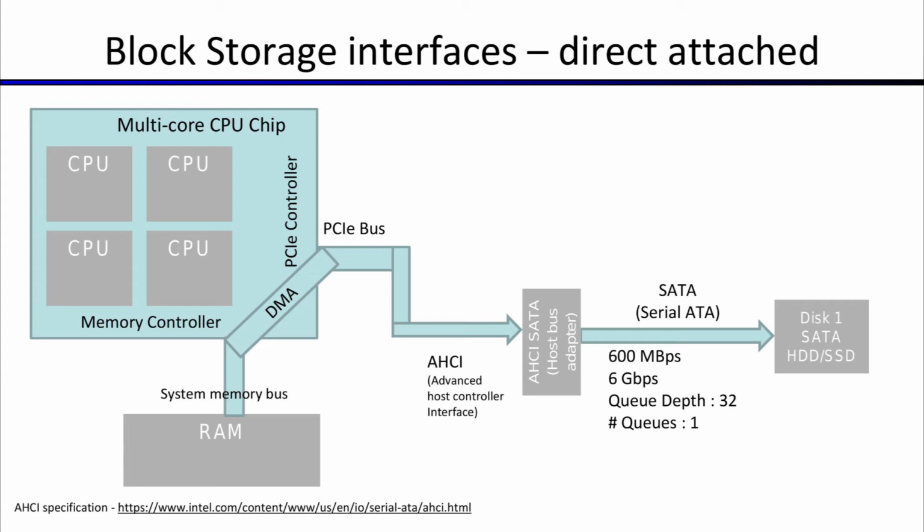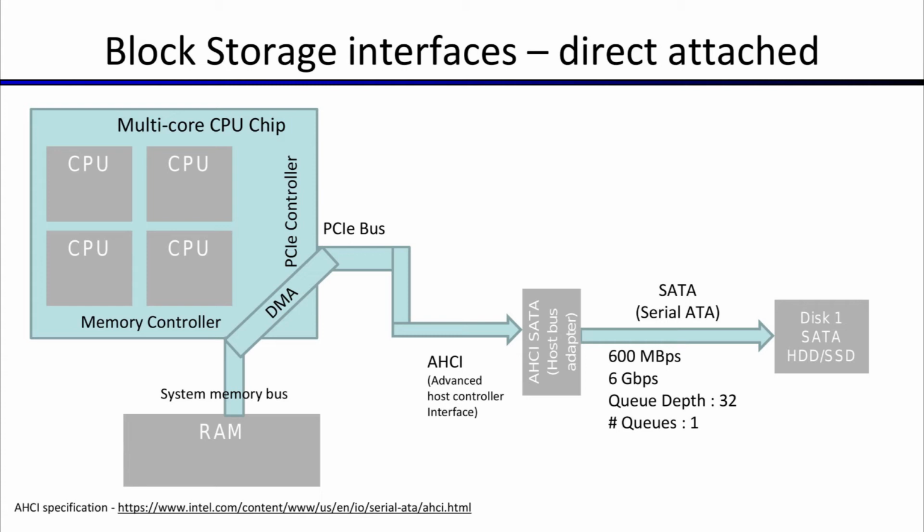Now for serial ATA, again, you need a bus adapter to sit on PCI, because SATA is not PCIe. These are two different protocols. And the adapter in between, for SATA cases, runs an AHCI protocol that then runs on the PCI bus.